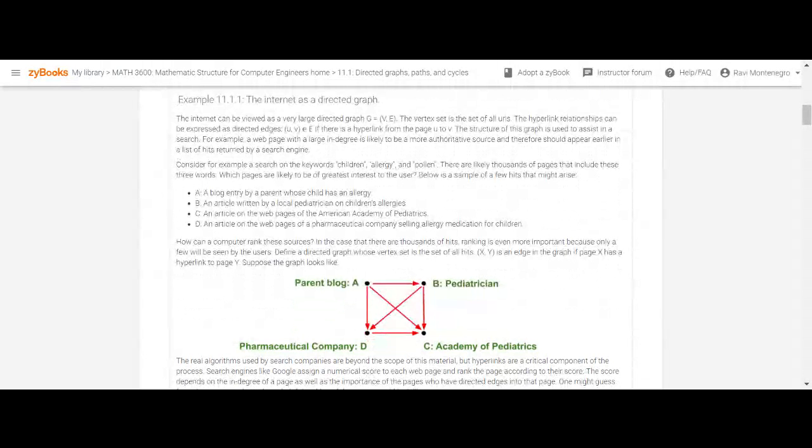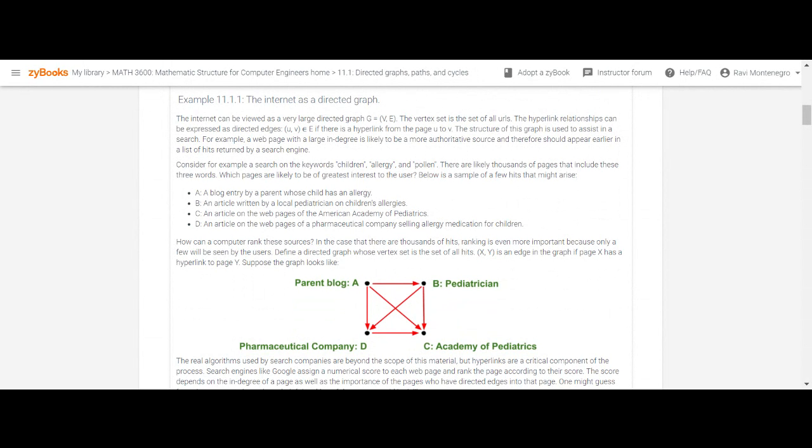The example right here is kind of what I was talking about with a web graph. We have a very small portion of the web, 4 web pages. A parent has a blog. Well, not surprisingly, their local doctor, drug company, and academic institute do not point to that blog.